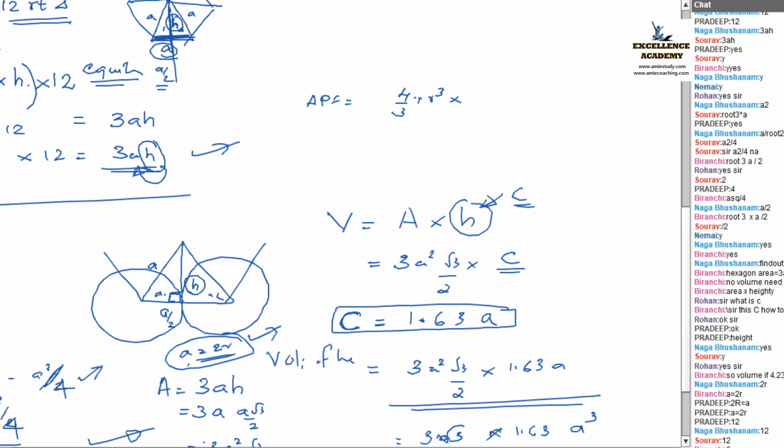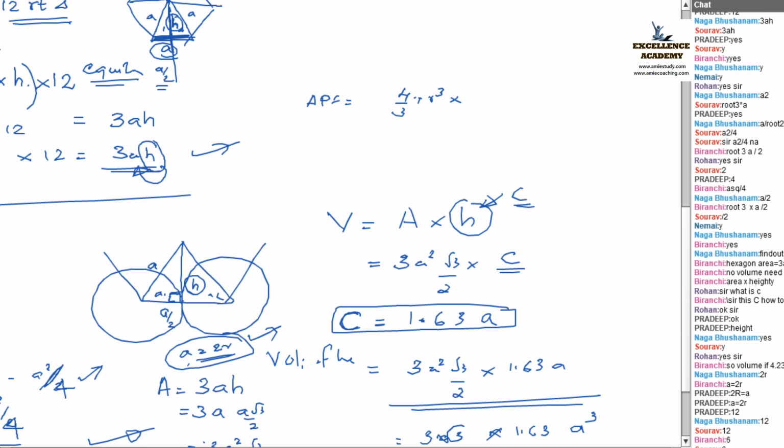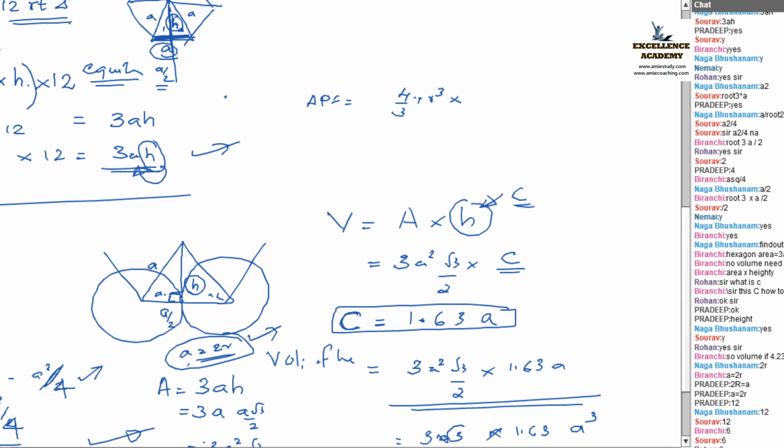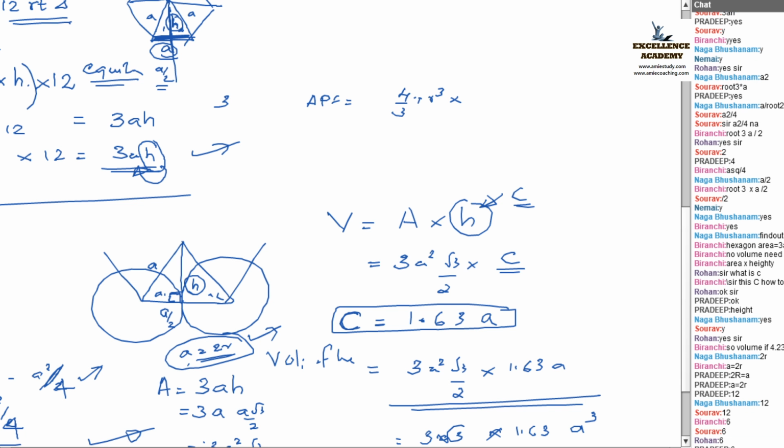Which should I write, 6 or 12? Yes, we know that 6 is the effective number of atoms. 3 body centered atoms, 12 corner atoms are shared by 6 unit cells, hence 2, and then 2 centered atoms are shared by 2 unit cells. Hence the total answer is 6.